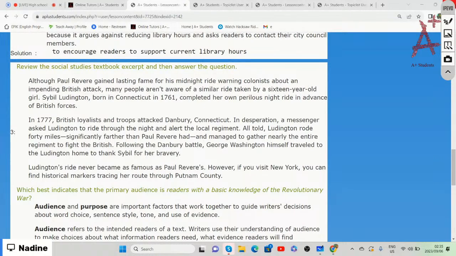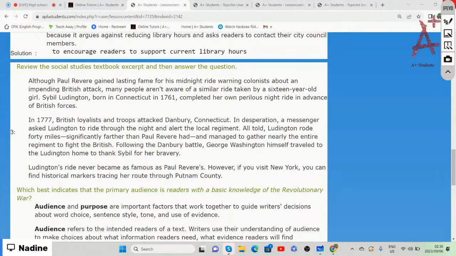All right, we're going to read that again. So, although Paul Revere gained lasting fame for his midnight ride, warning colonists about an impending British attack, many people aren't aware of a similar ride taken by a 16-year-old girl, Sybil Ludington, born in Connecticut in 1761, who completed her own perilous night ride in advance of British forces. In 1777, British loyalists and troops attacked Danbury, Connecticut.